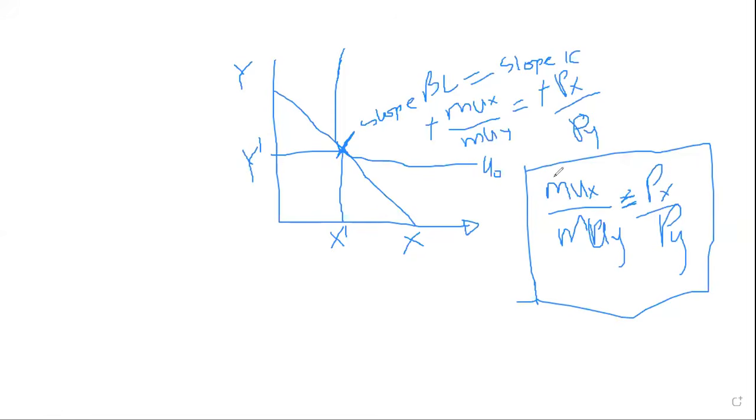We will use it when it comes to the calculations for the optimal bundles for X and Y. So let's quickly look at the price consumption curve, which we call the PCC, and the income consumption curve, which we call the ICC.